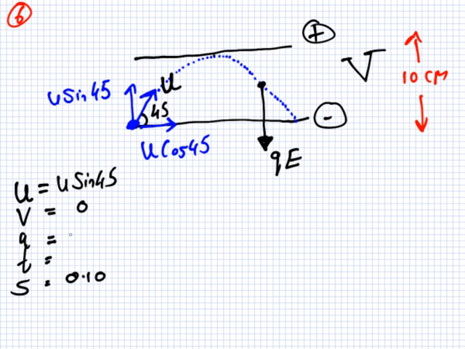Now actually we do know the a because we can use Newton's law: F equals ma, and this is the F. So the a is qE over m. Since it's an electron, you know the q and the m. So this a is qE over m.